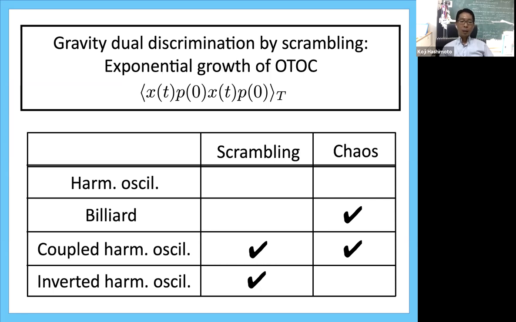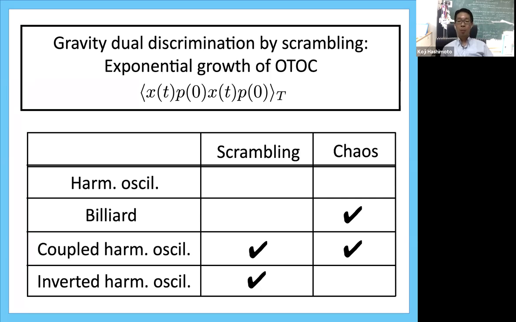And so here I describe various quantum mechanical systems: harmonic oscillators, quantum billiards, coupled harmonic oscillators, and inverted harmonic oscillators. Depending on what kind of quantum mechanics you start with, all of these are one particle quantum mechanics.